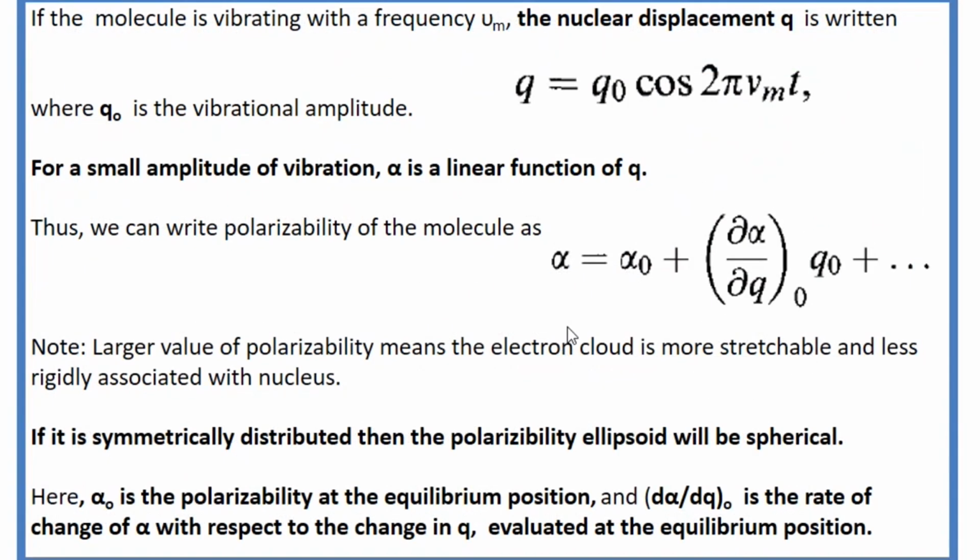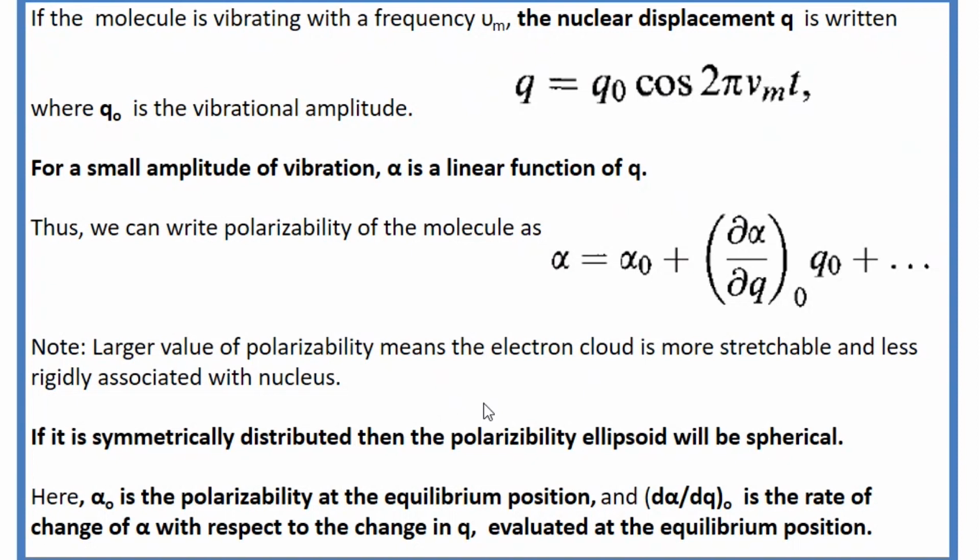But now if we expand the polarizability alpha, we can write the first order term and then the second order term. The third order term we are ignoring, but they become very relevant when laser power is high. Basically the higher harmonics are taken into consideration in a technique called hyper Raman, but here we are ignoring it. So here, the nuclear displacement Q can be written as Q0 cos 2 pi nu m t.